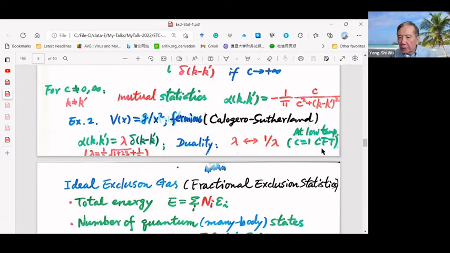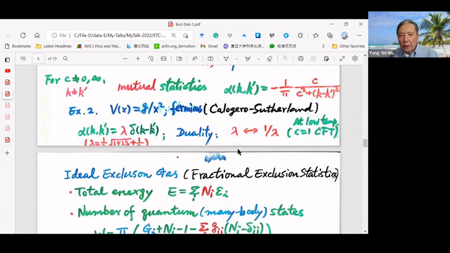At low temperature, this recovers the c=1 CFT for the system. Okay, so lambda is a statistical parameter.